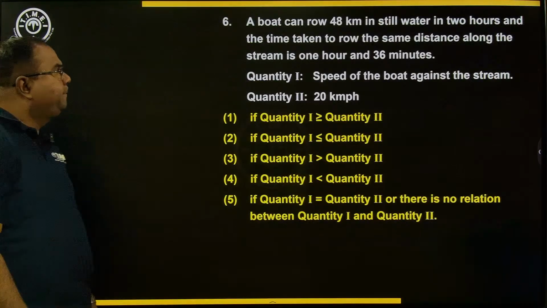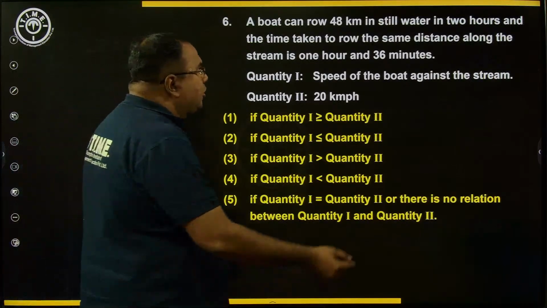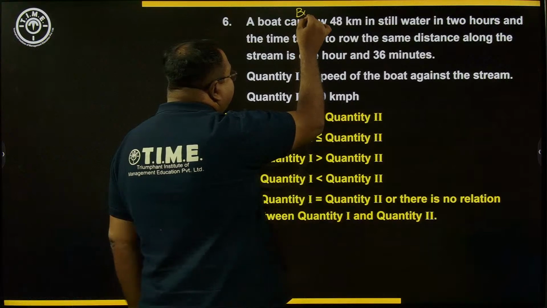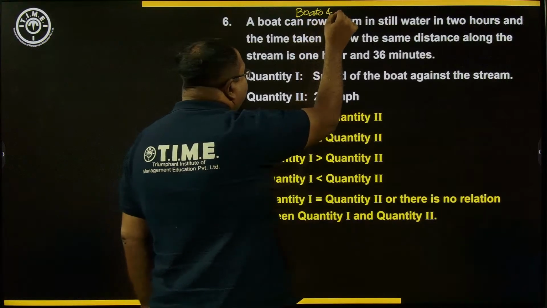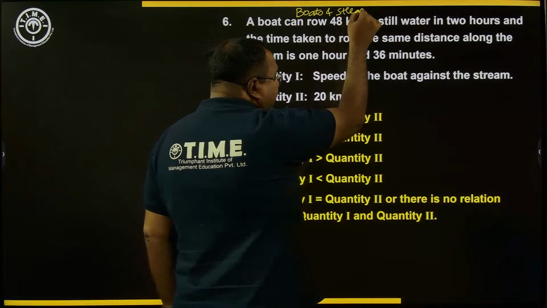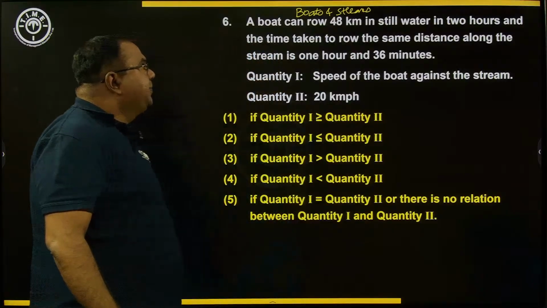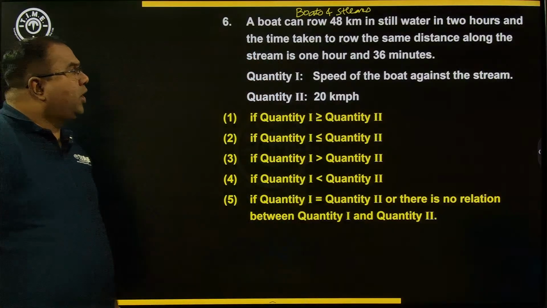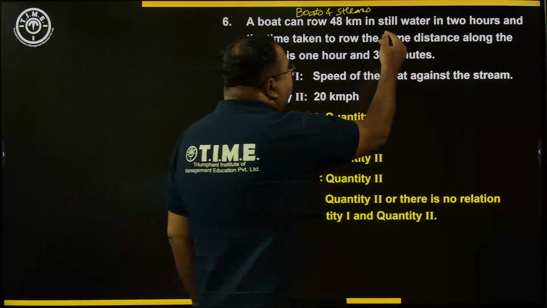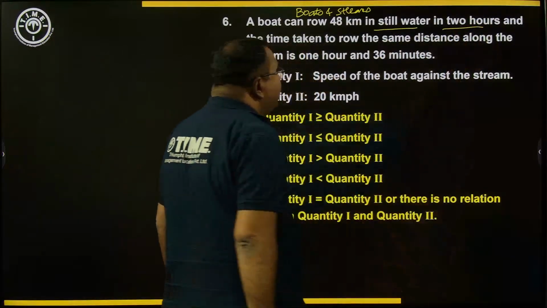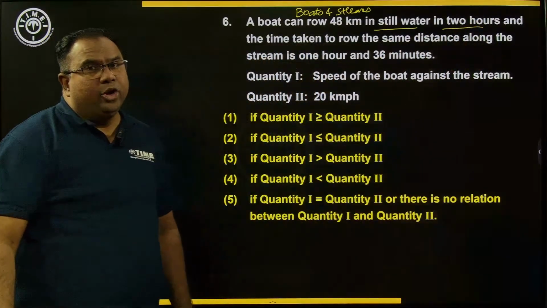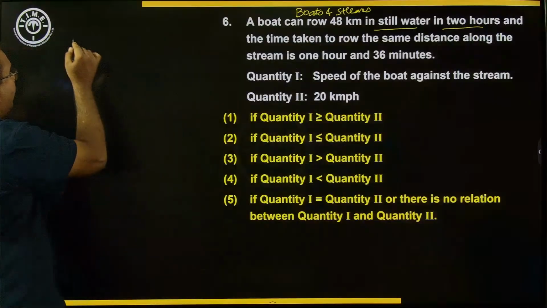Let's move on. Okay, this is a question based on boats and streams. Let us try this. A boat can row 48 kilometers in still water in 2 hours.